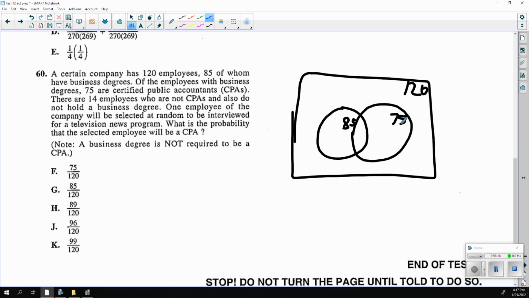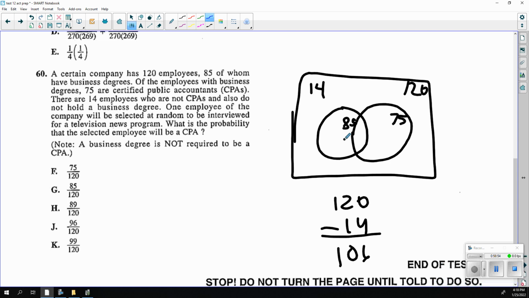So there are 14 people who are not CPAs and don't have a business degree. So what does that mean? 14 of the 120 are neither nor. So that leaves 106 for these 2 groups.